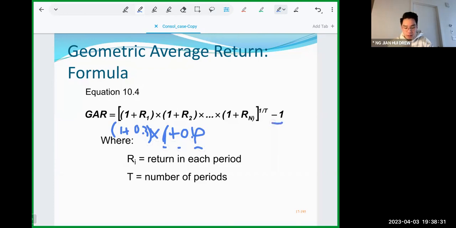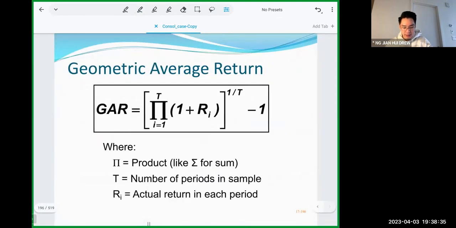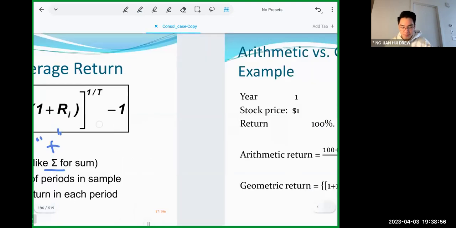Don't worry, there's an example in the next slide to explain this. This is just another form of writing a geometric average. It means the product, so we do the multiplication first. It looks scary, but it is exactly what we saw in the last slide.